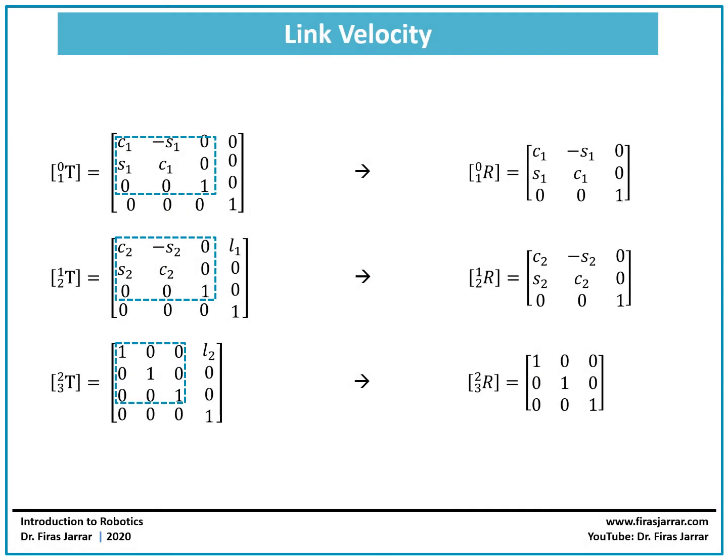One thing that we will do here is to extract the information, as we did before, for the rotation matrix from the transformation matrix. So for T10, we can get R10. From T21, we can get this rotation matrix, and from T32, we can get this rotation matrix.